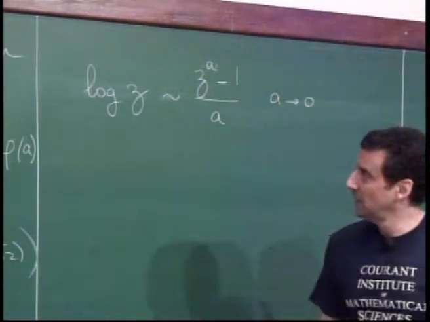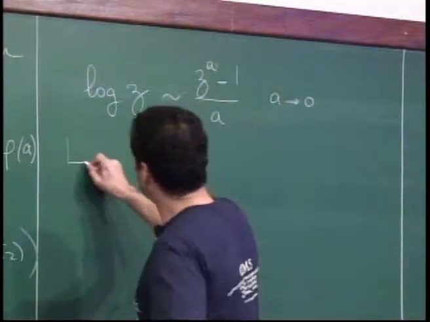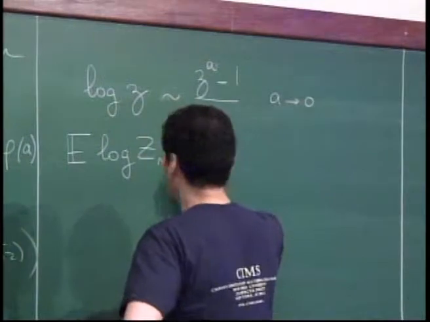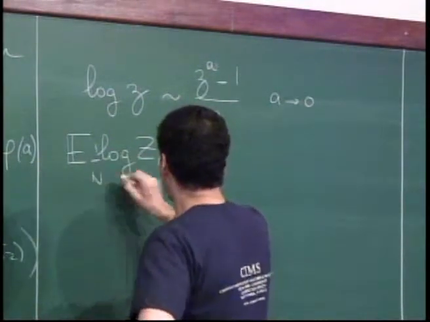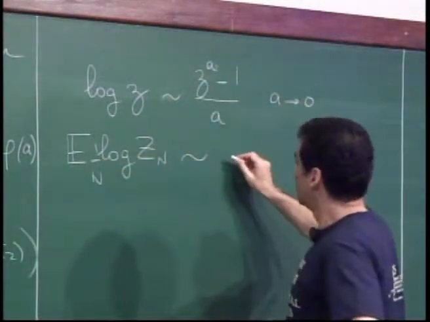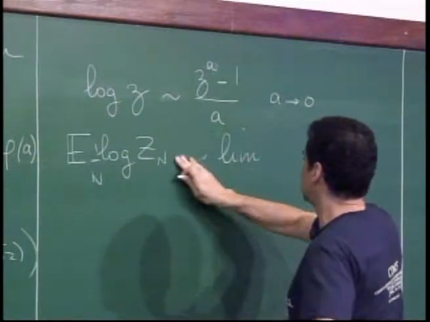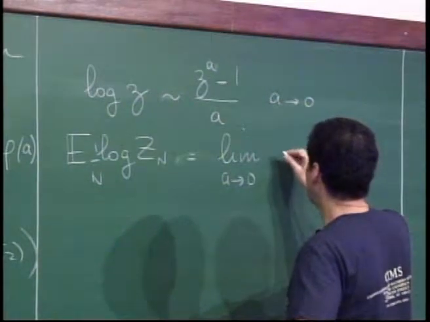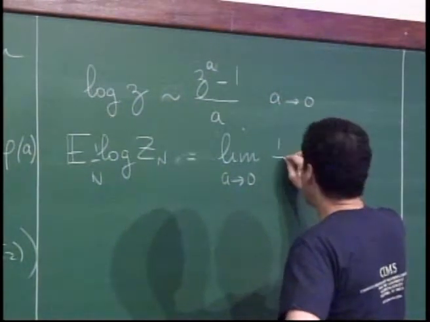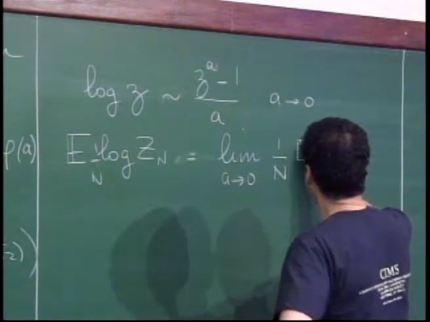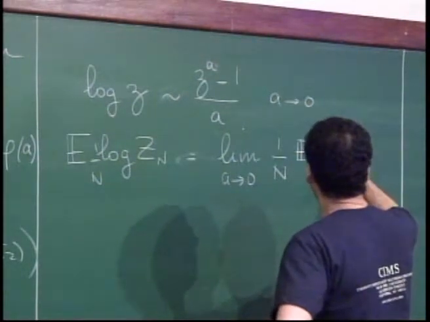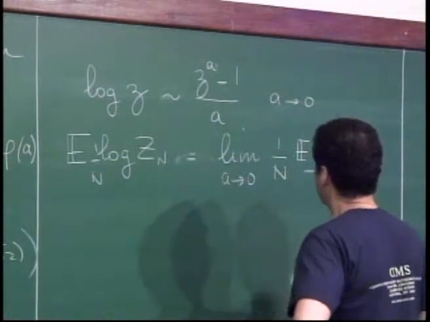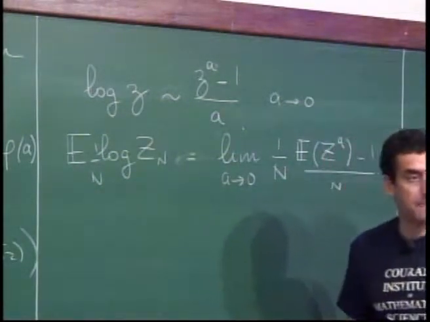Okay, so if you want the expectation of log Z, you may think, all right, you could approximate it by the limit, hoping everything goes properly, of (1 over a) times (the expectation of Z to the a minus 1).